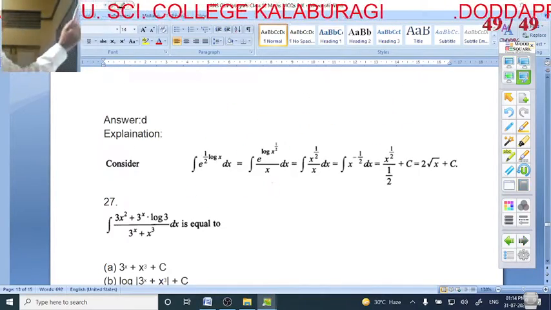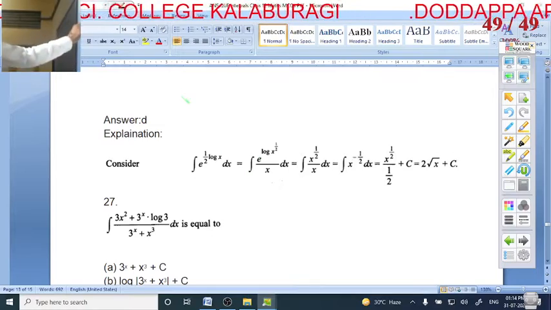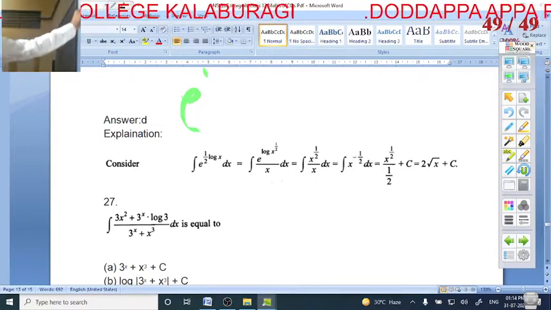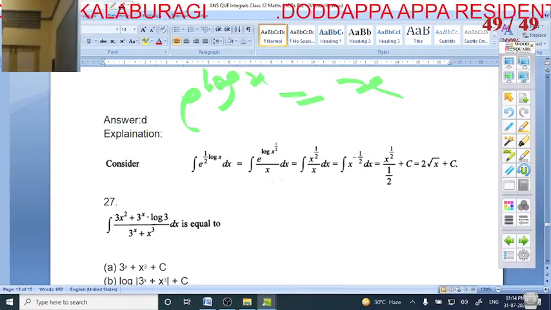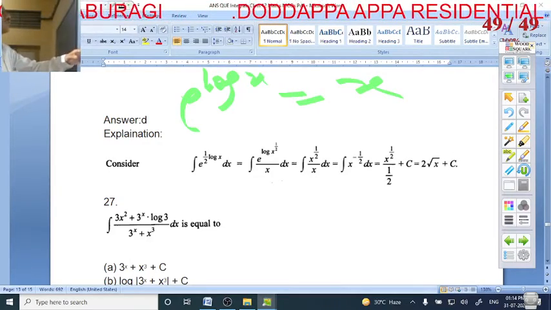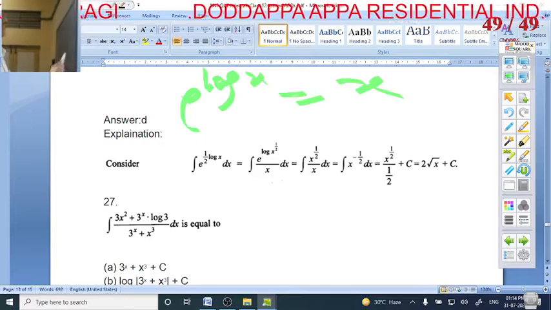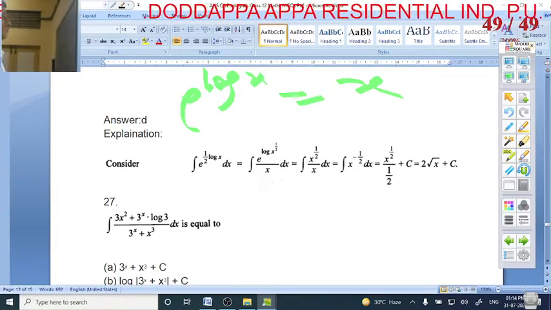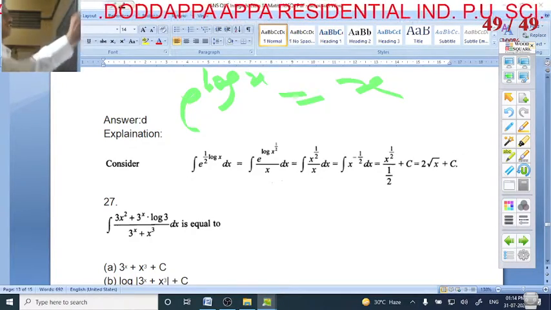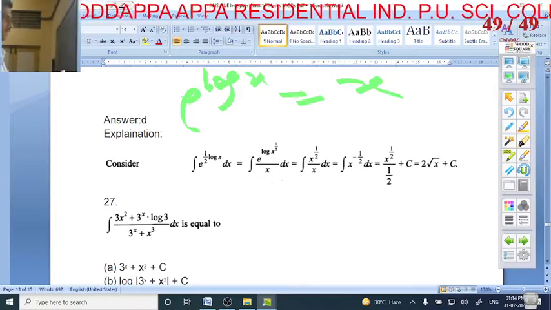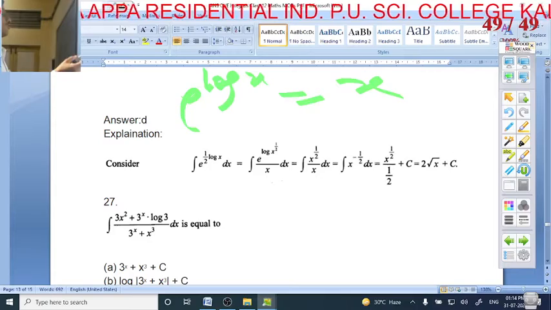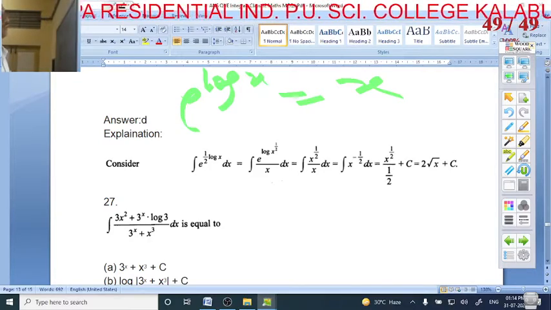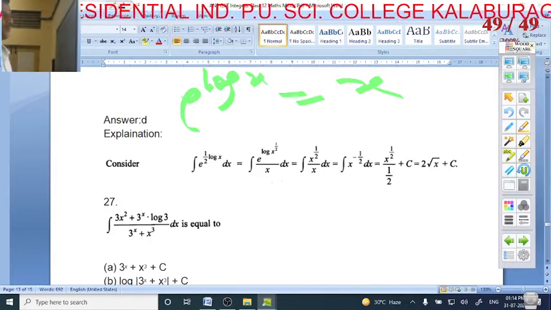Just now I told you, exponential raised to a logarithmic function is the function itself. Using the logarithmic property, we write log of x to the power 1 by 2, and the function itself is x to the power 1 by 2. So it becomes integration of x to the power 1 by 2.